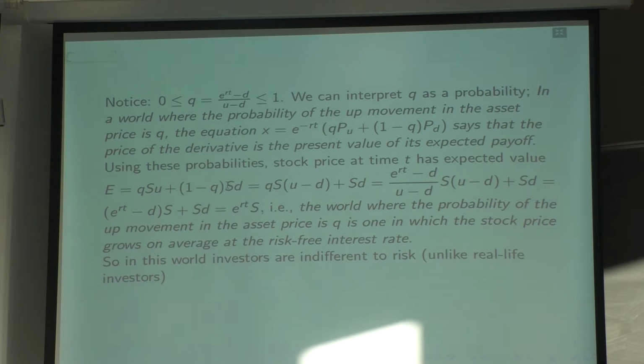So if you want to know the price of a call option, go on a spaceship, go to that planet where people don't care about risk, observe the expected payoff of this derivative, find the present value of that, and that's going to be the price of this derivative in any world, not just in the risk-neutral world.